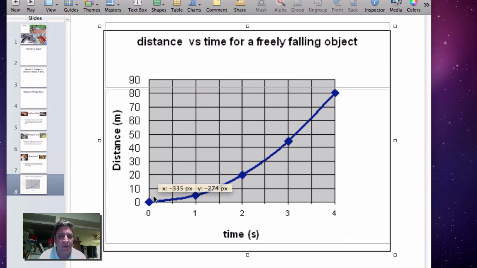However, if the line is just a straight line, it's not curved, it's a constant velocity. Now, if the straight line's like this, that shows a velocity. But if the straight line is like this, the slope of the line is steeper. The steeper that slope, the faster it's going. If the slope of the line's like this, that's slow. It's a little bit faster, and that's still faster. The steeper the slope, the faster it goes.